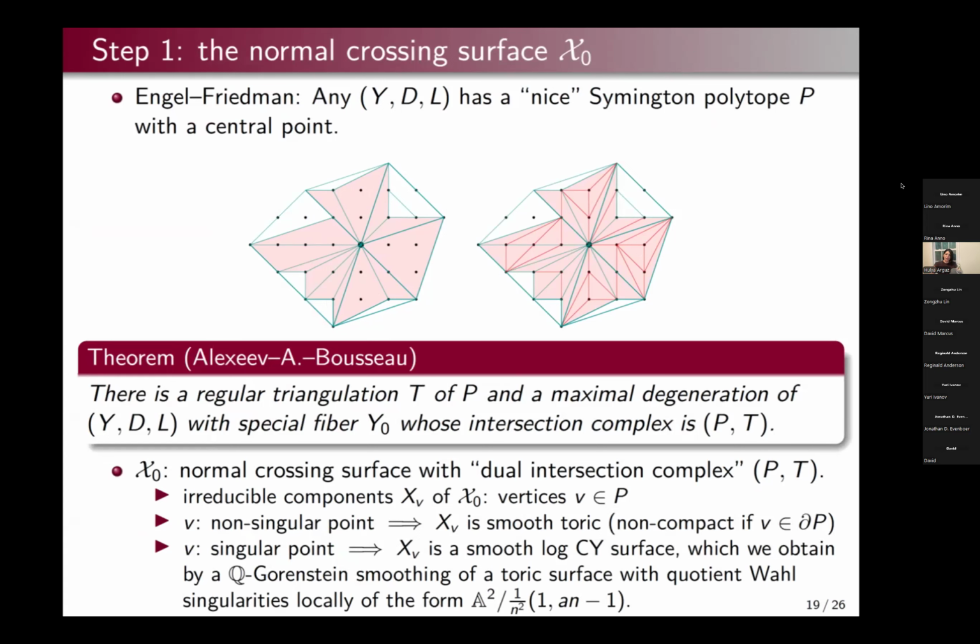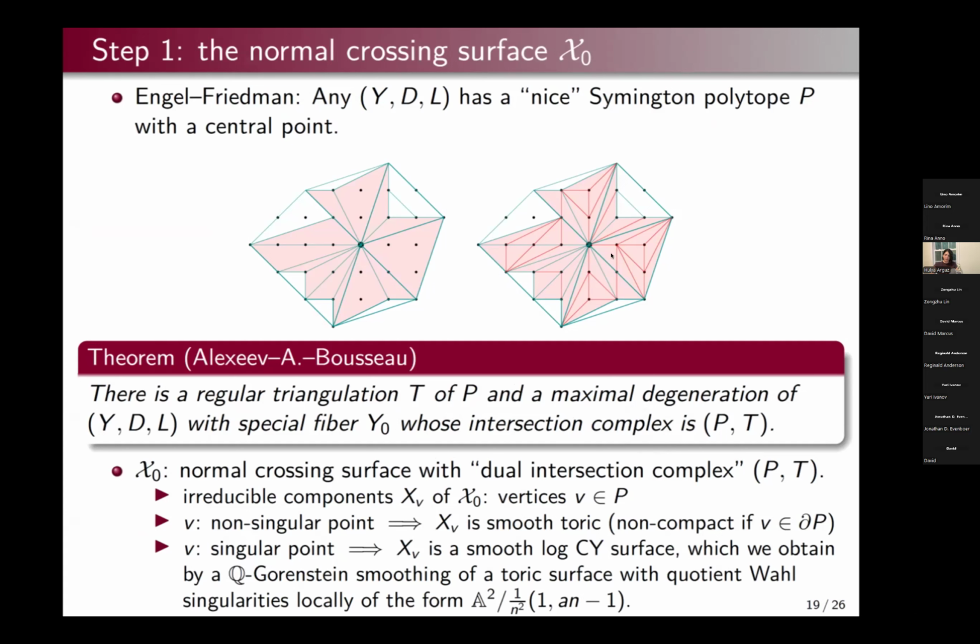Starting with this triangulation, we first show that you can always subdivide such an Engel-Friedman type polytope. You can always get a so-called coherent triangulation. This is a rather combinatorial result, obtained by applying some so-called pulling construction, which appears in the literature.